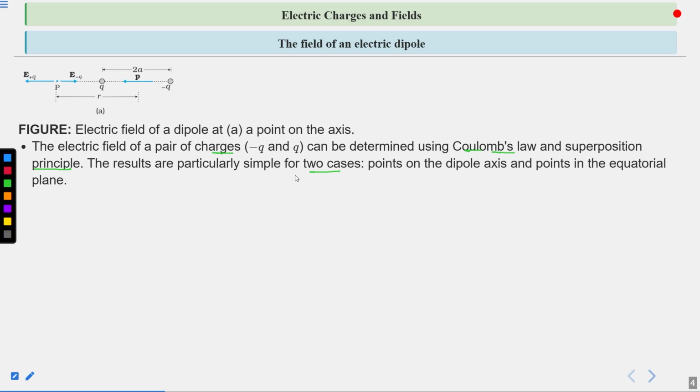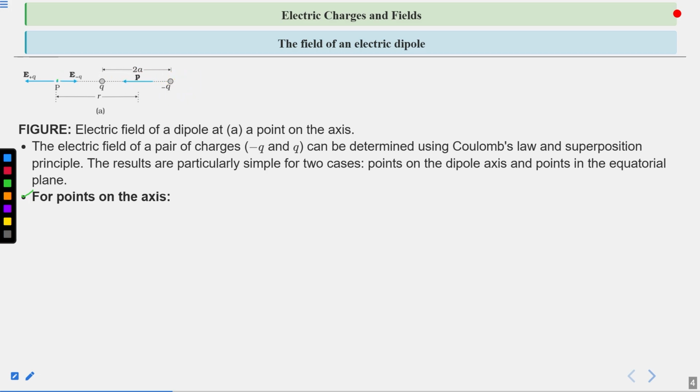First, we determine the field due to points on the dipole axis, and then points on the equatorial plane. So first we consider points on the axis. Look at the figure. This is the axis representation, and on the axis consider a point.